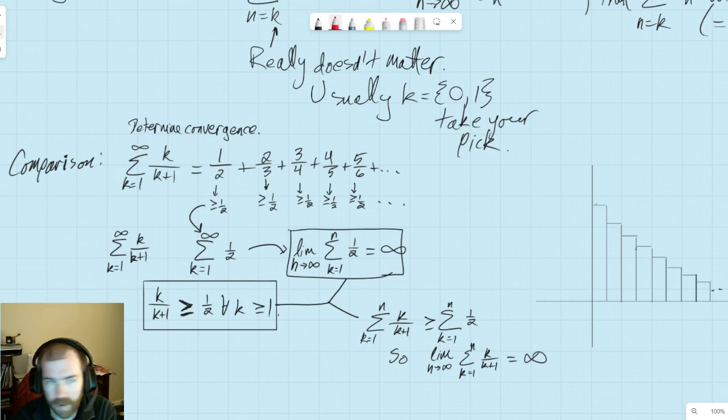So our k values are going to be like 1, 2, 3, 4, 5, 6, 7, 8, etc. Right, so this is going to take all those things and make them into what's basically a Riemann sum.